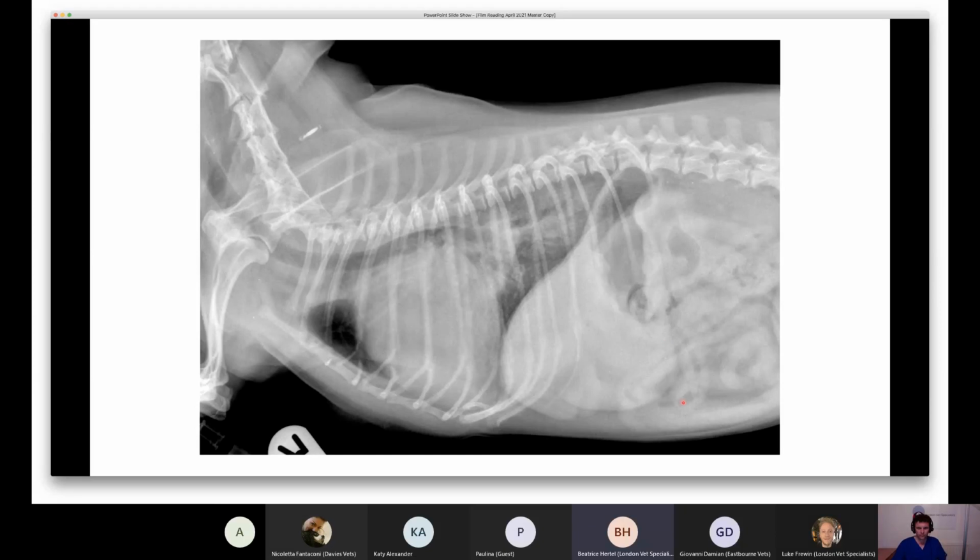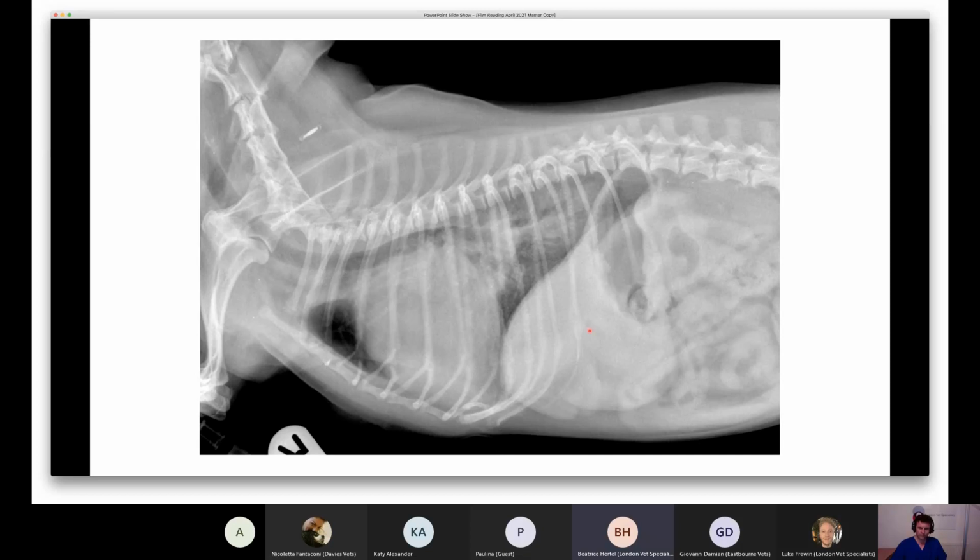Moving to the pulmonary parenchyma, there is a diffuse increase of soft tissue opacity around the peribronchial, the hilar region. As well, in the dorsocaudal lung lobe, there is, I would say, an alveolar pattern. For me, it looks more like a soft tissue opacity.